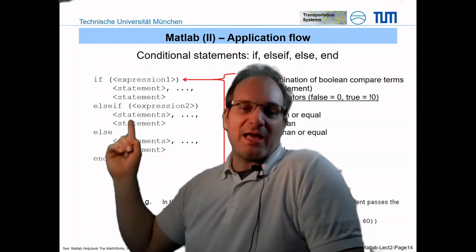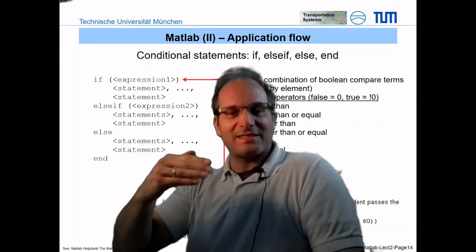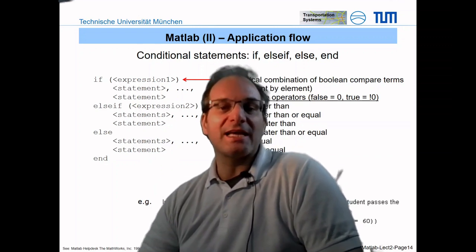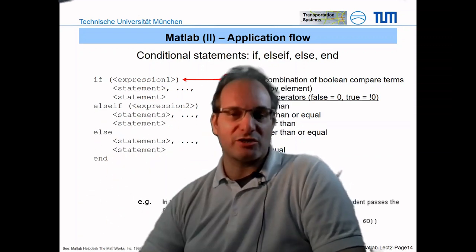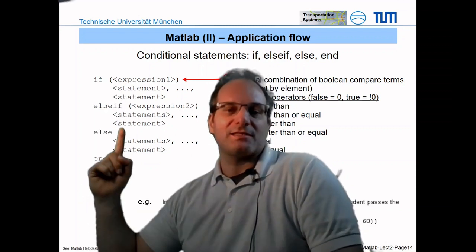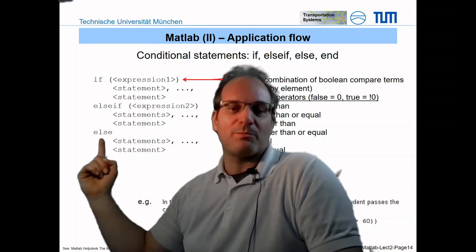And if else if next, else if next. So you can have a selective way of code which is operated according to these different expressions or conditions. If none of this is true, then do this here. So do the else part.